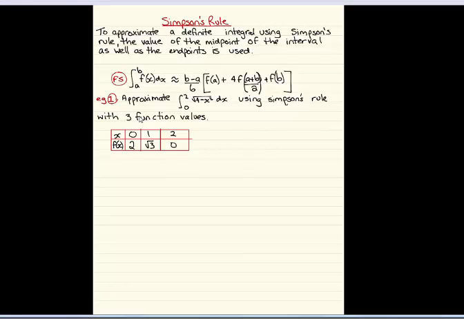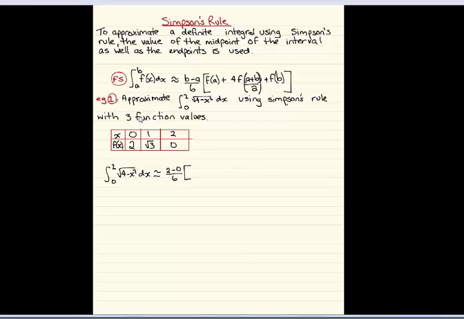So when you're substituting that in, we say that this is approximately equal to, so b minus a, b is 2, a is 0. They're your endpoints, yeah?